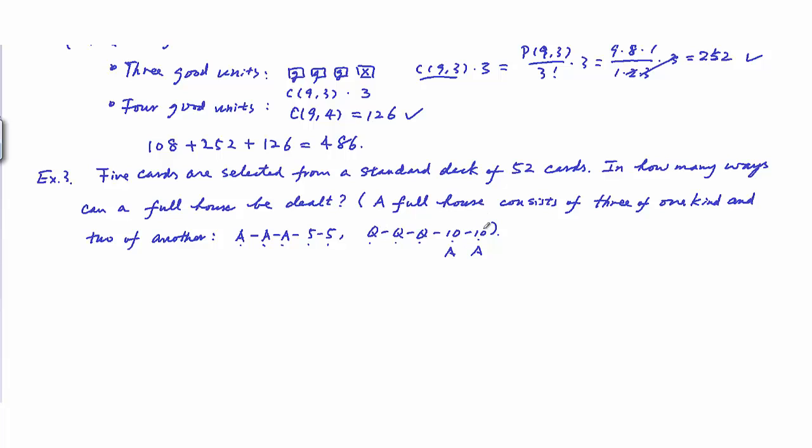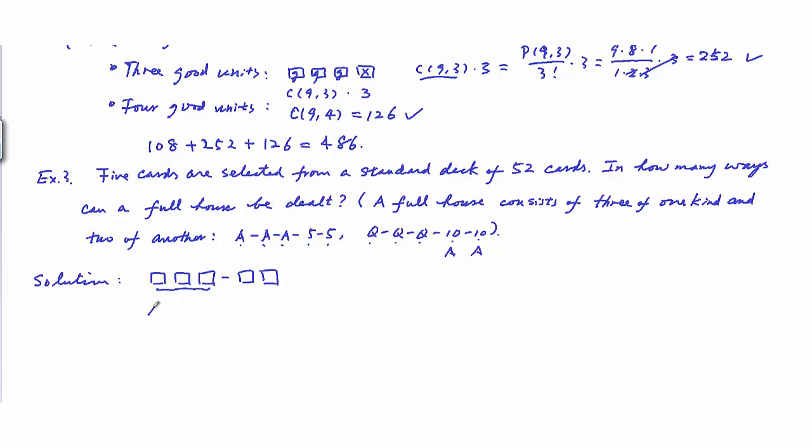So there are quite many full houses. How many ways can we get a full house? So in other words, how many full houses? To consider this, again, you think about 5 spots, and the first 3 spots must be one kind.